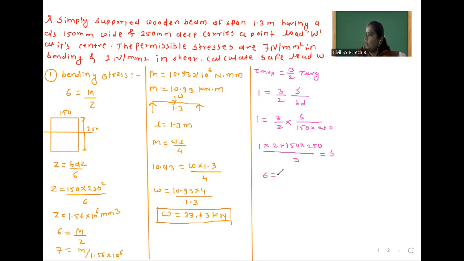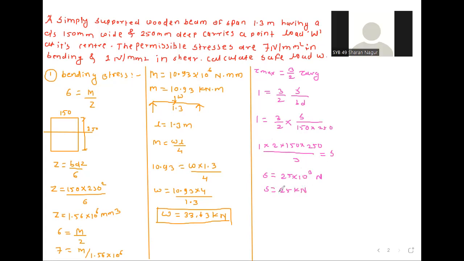So S is equal to 25 into 10 raised to 3 Newton, which is 25 kilonewton. This is the shear force. With the central point load, shear force will be W by 2 at each support.